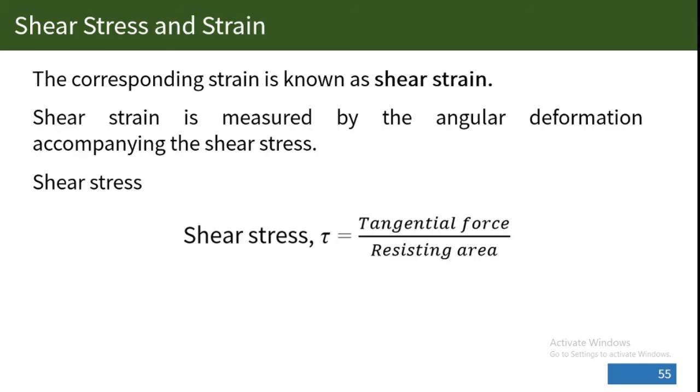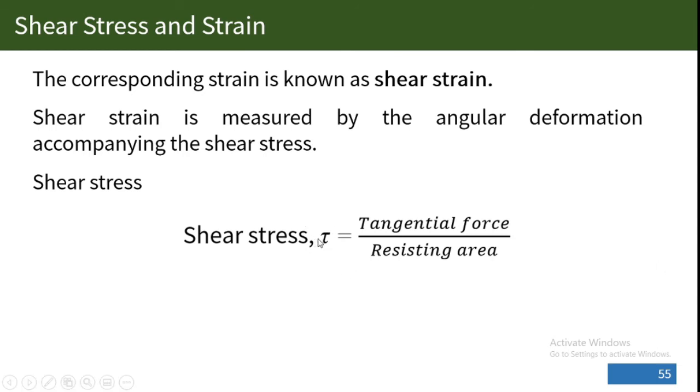So just like with tensile and compressive stress, it also has a corresponding strain, which is the shear strain. Okay, and the shear strain is measured by the angular deformation accompanying the shear stress. So let's first take a look at the mathematical formulation of the shear stress. Shear stress is represented by the Greek letter tau.